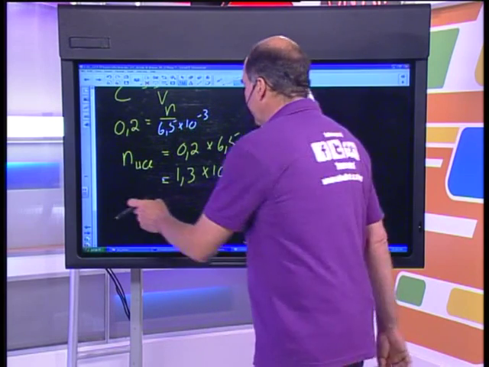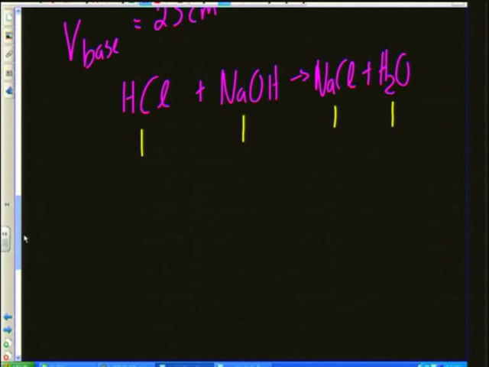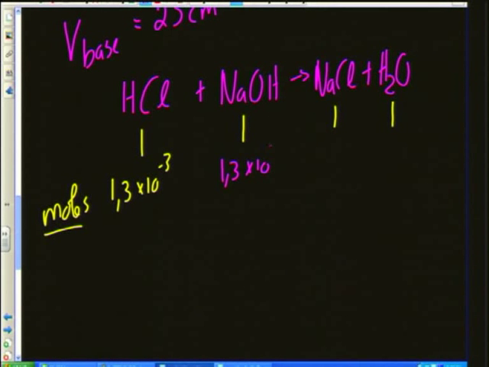But what does that tell me? Guys, you've got to recognize this. If I've got 1.3 times 10 to the minus 3 moles of those, so there's my number of moles, then how many of these am I going to have? I've got to have the same. It's 1 to 1: 1.3 times 10 to the minus 3. That's my number of moles.